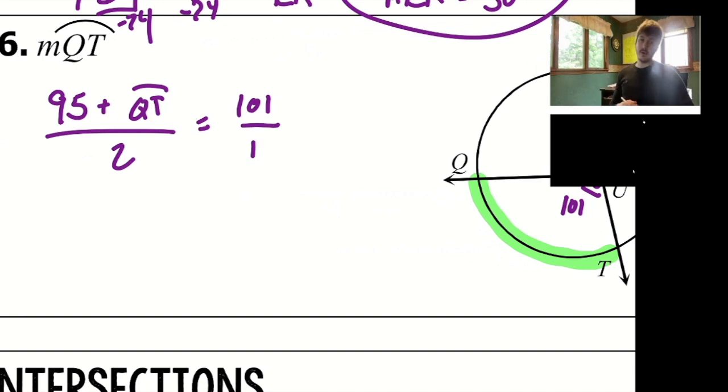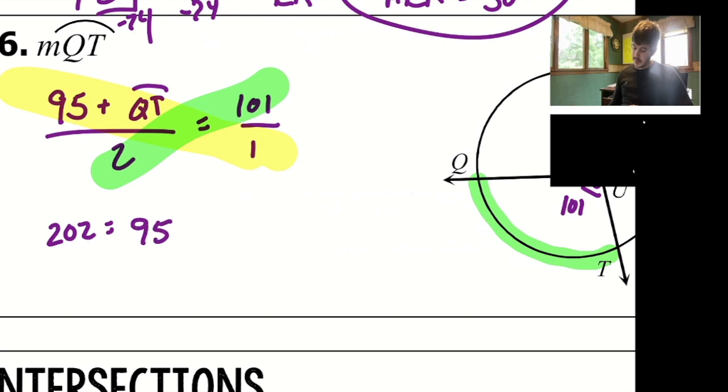And I always just throw it over 1 so I can cross multiply. So that times 1, and that times 2. So we get 202 equals 95 plus QT. And then it's 202 minus 95. So we get 107 is equal to the measure of arc QT.